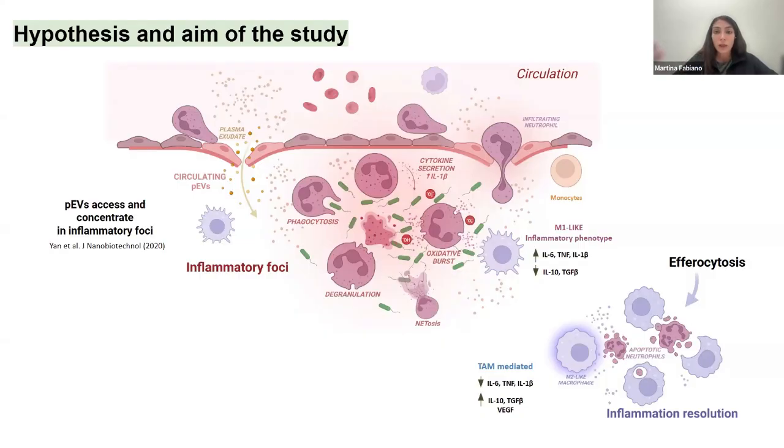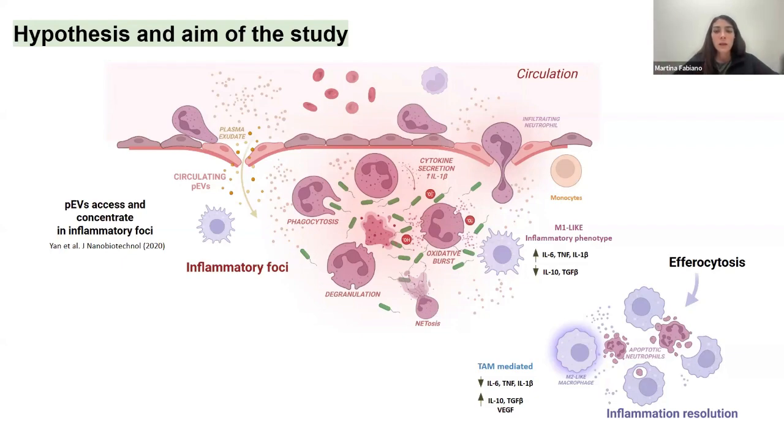For that, one of the mechanisms that neutrophils have to regulate or to stop inflammation is that they are really short lifespan cells, which means that soon after they infiltrate the inflammatory tissue, they die by apoptosis, which enables the phosphatidylserine exposure on the membrane. And then, as Alan told you, macrophages are able to phagocytose them in a process called efferocytosis, which leads to this phenotype change in macrophages.